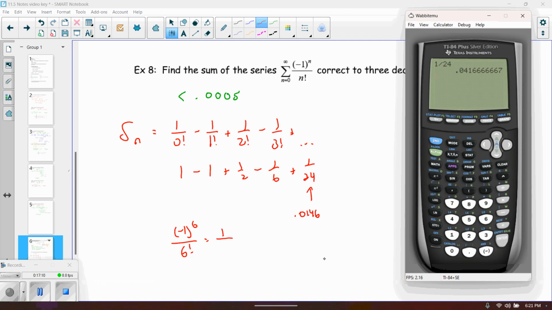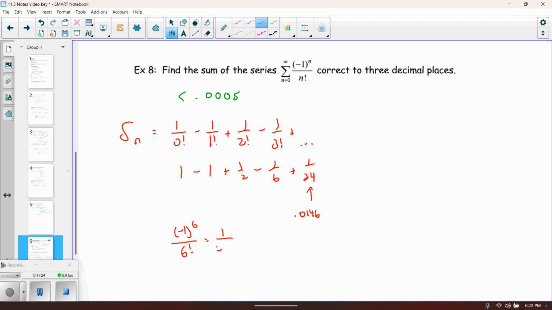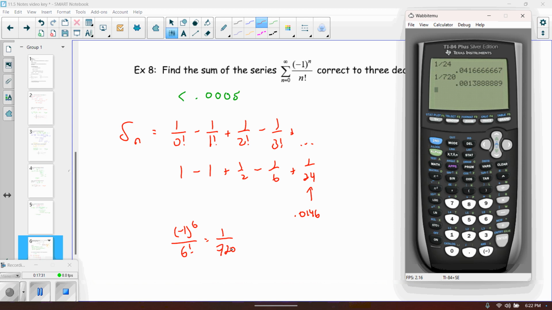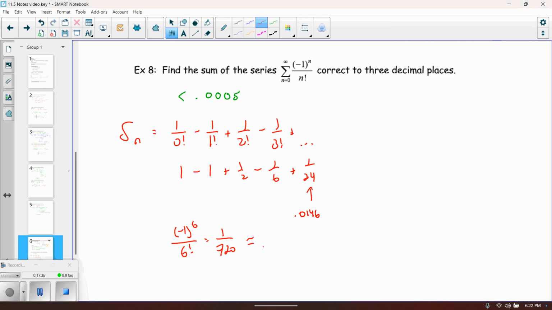So if we do 1 divided by 720, it's approximately 0.0013. Again, that is not less than 0.0005. Okay, so let's try the next one because I think we're getting close.